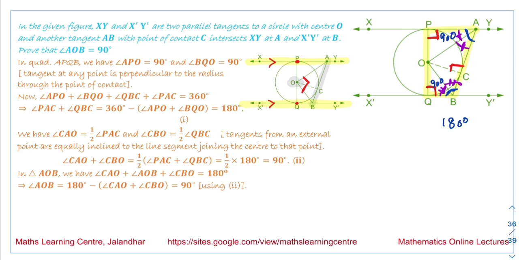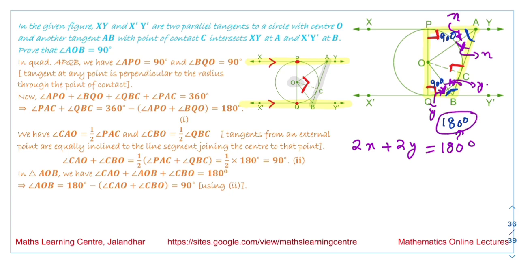Suppose the value of each angle at A is x, and the value of each angle at B is y. So 2x plus 2y is equal to 180 degrees. We have seen that the sum of the angles at A and B is 180, so x plus y is equal to 90 degrees.